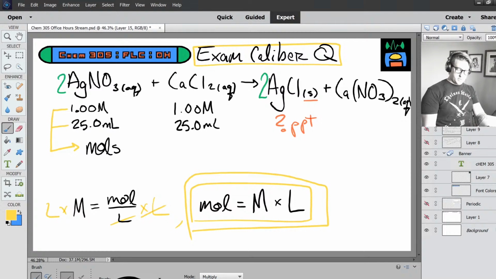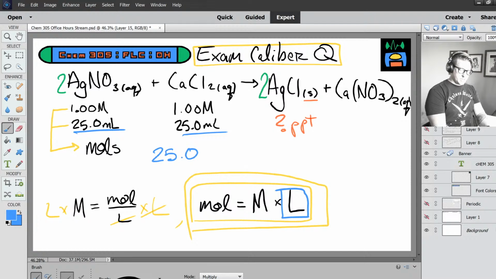One last thing that you'll notice before we start getting into it is both of these volumes have been given in milliliters, and to use this equation we need liters. So we need to do a quick unit conversion to get 25 milliliters to liters. We put milliliters in the denominator, liters in the numerator, and 1 milliliter is 10 to the negative third liters.